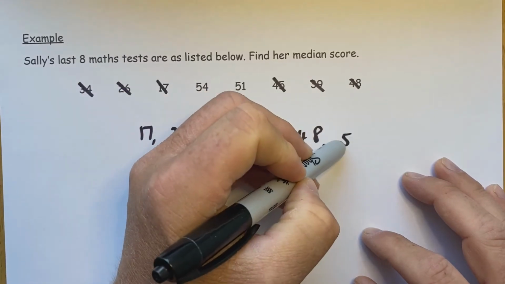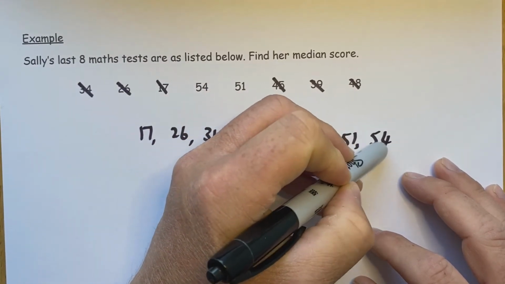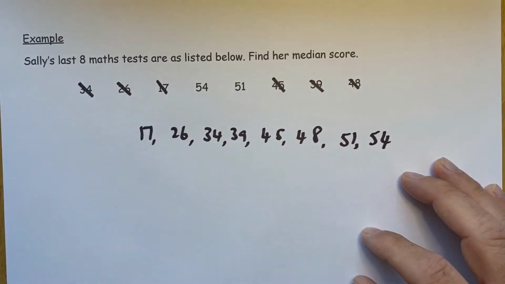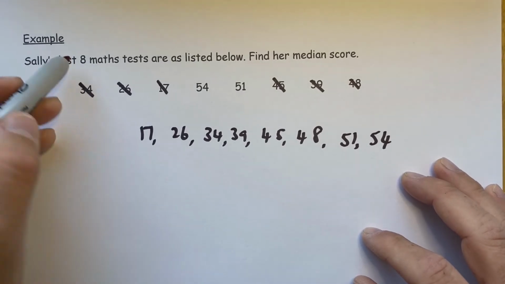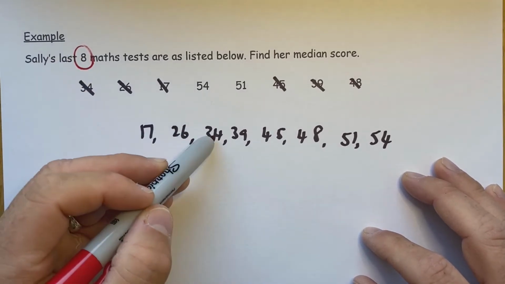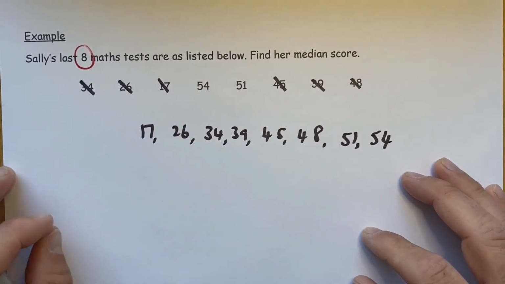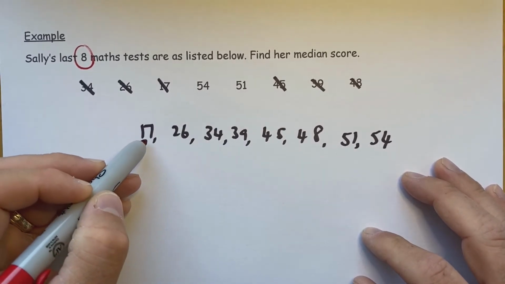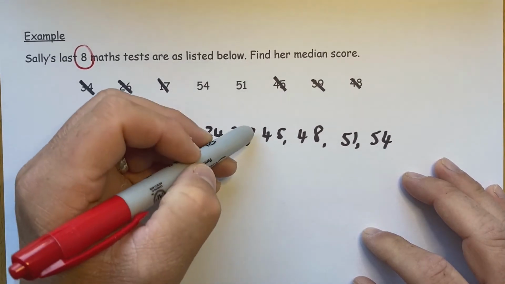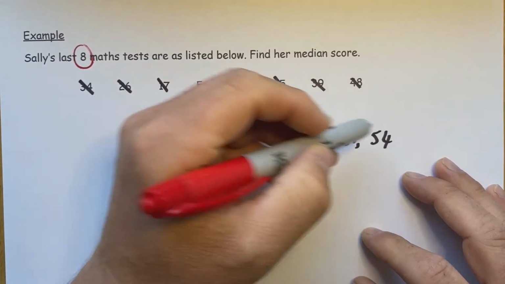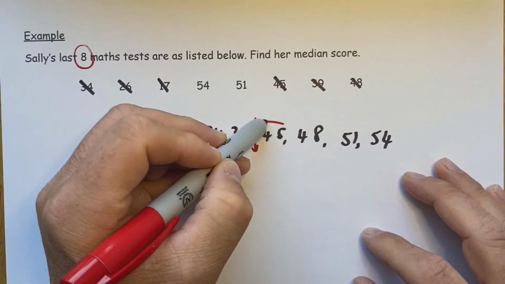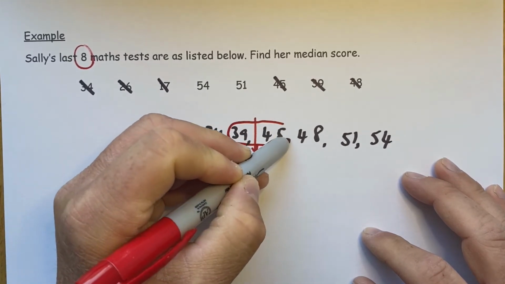And then we've got 51 and 54. So here we've got 8 numbers. 1, 2, 3, 4, 5, 6, 7, 8. Check that we've got them all down. So 8 numbers mean we have to have 4 numbers each side. 1, 2, 3, 4. 1, 2, 3, 4. So the median is between those 2 numbers.